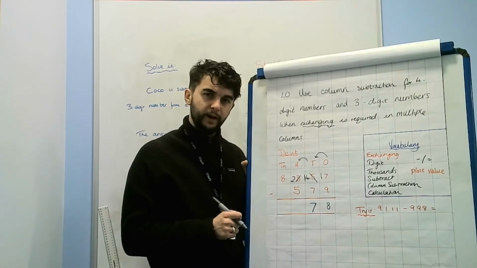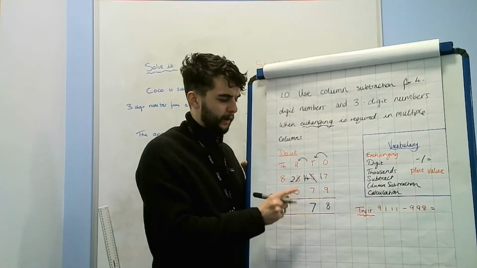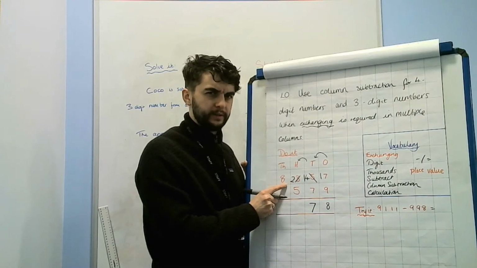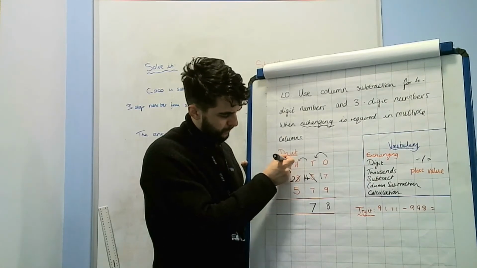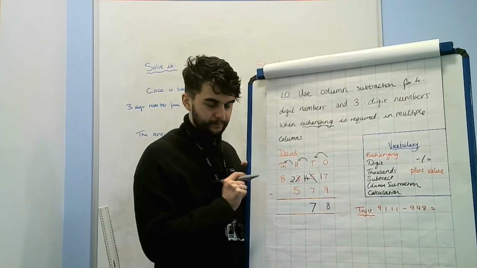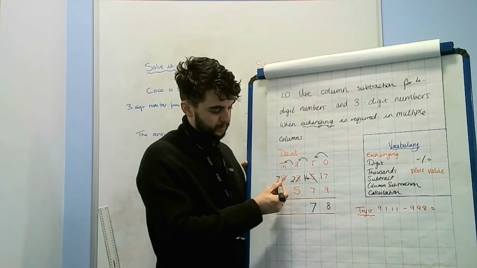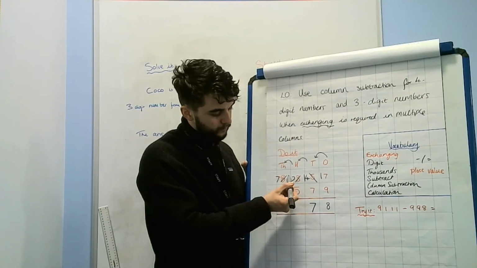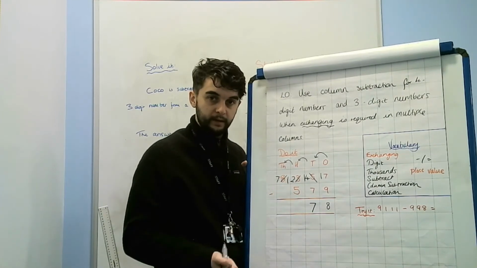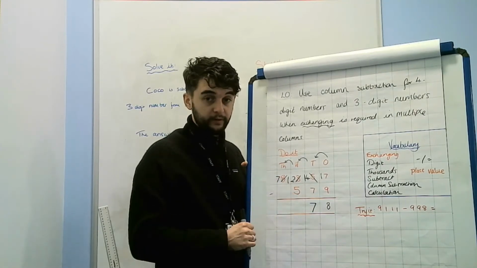2 subtract 5. Can you do that? Would it be 3? No, because we can't have the smallest number first, can we? So again, let's knock next door and think about exchanging. 8 thousands. I'm going to take one of my thousands away here, which leaves me with 7 thousands, and I'm going to bring my 1,000 here. 1,200 subtract 500.